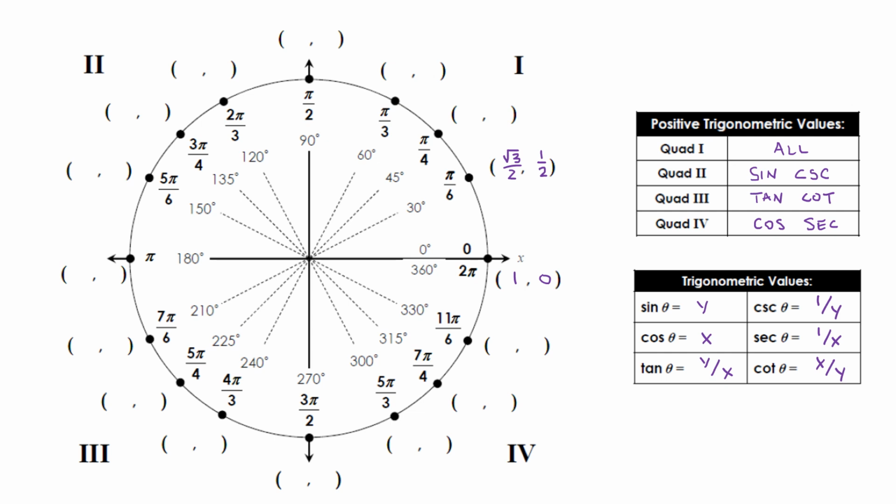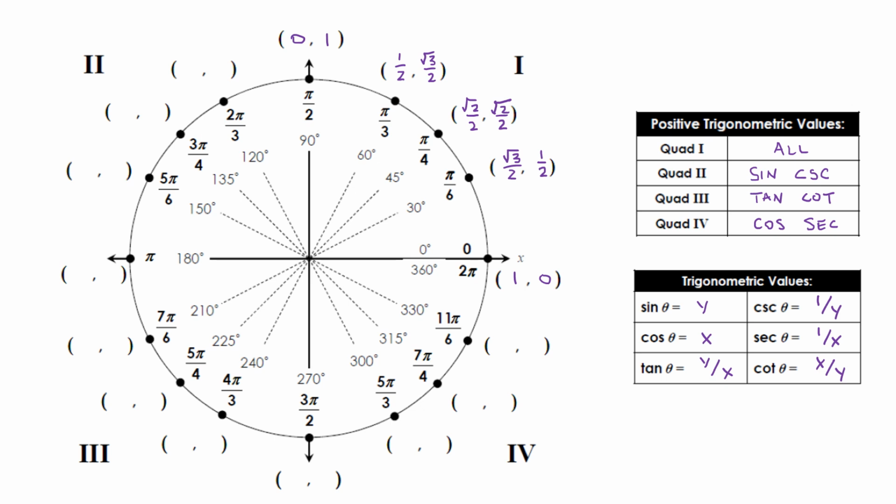For 45 degrees, the cosine and sine are the same value, square root 2 over 2. For 60 degrees, cosine is 1/2, sine is square root 3 over 2. For 90 degrees, cosine is 0, sine is 1.